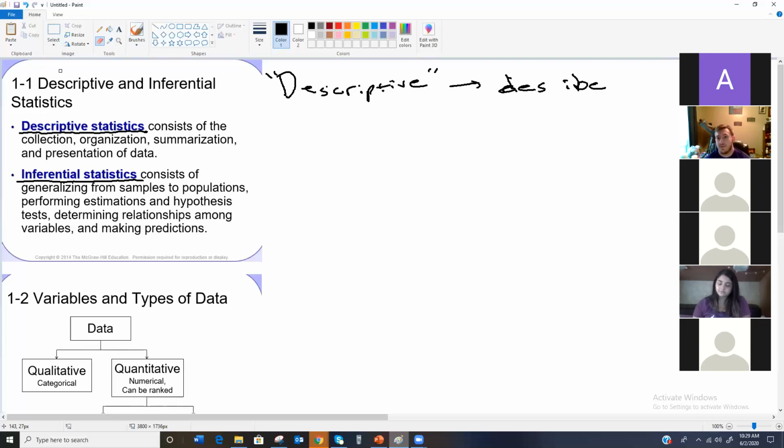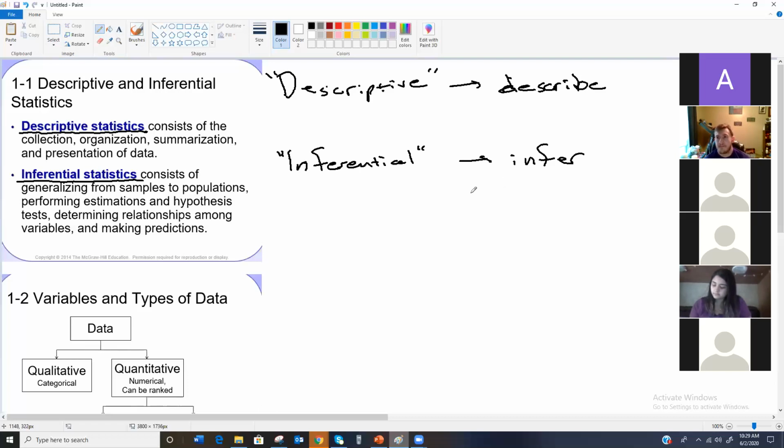So that's descriptive statistics. So how does inferential statistics, or how do inferential statistics differ? Well, what's the base word of inferential? Infer. So the base word of inferential is infer.